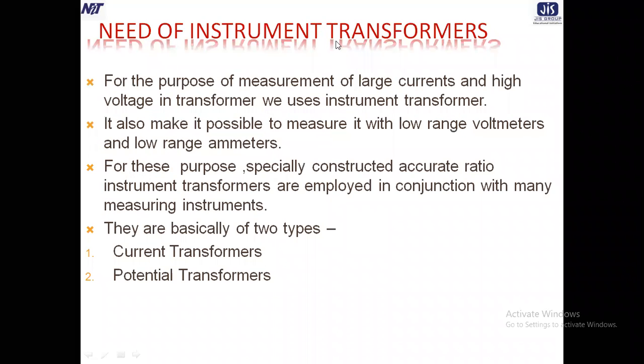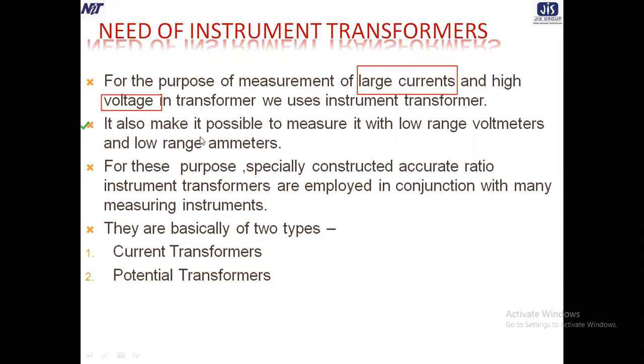Now the question is the need of instrument transformer. Why is it so useful? Why is it necessary? For the purpose of measurement of large currents and high voltages, we use instrument transformers. Secondly, it also makes it possible to measure with low range voltmeters and low range ammeters.